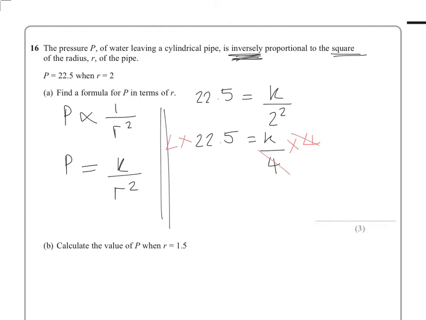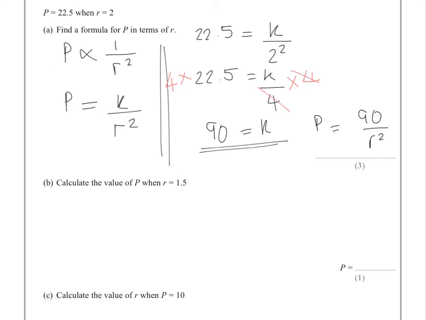I've done that to one side, I must do it to the other side. 22.5 times 4 gives me a value of K equaling 90. So therefore the formula is not K equals 90, but P, the pressure, equals 90 over r squared. That's the formula for P in terms of r.